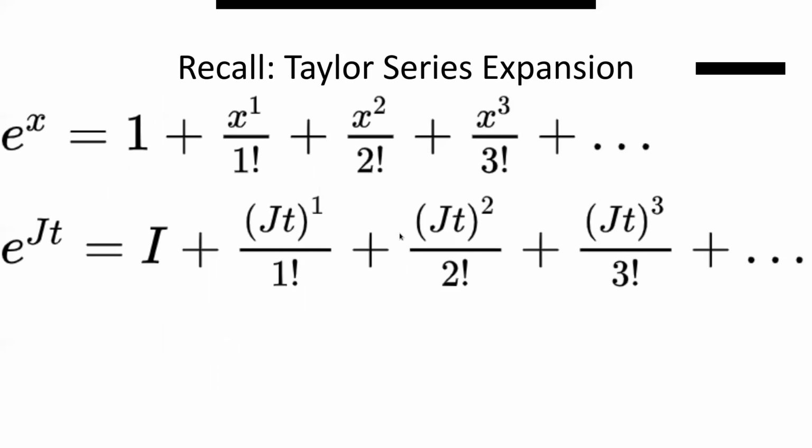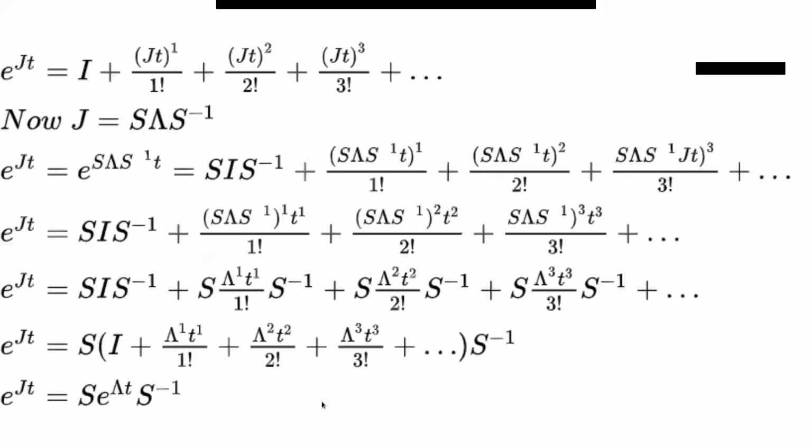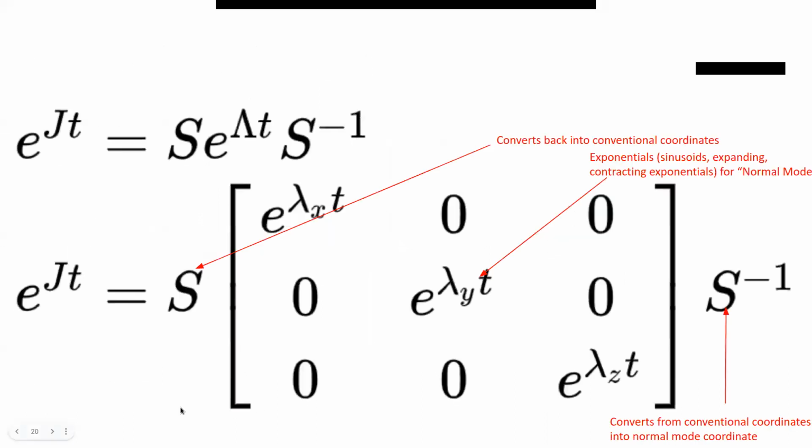So this is a sum of matrices. So this e to the Jt is itself a matrix. And it turns out with a linear system, what you can get out is that the system's evolution has a set of normal modes, and each normal mode is captured for a given state variable, and you get an evolution of the system which is decoupled.